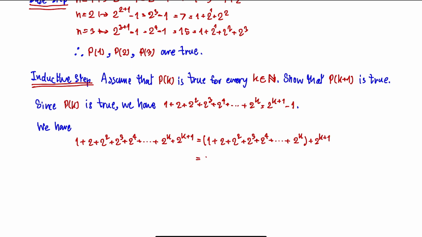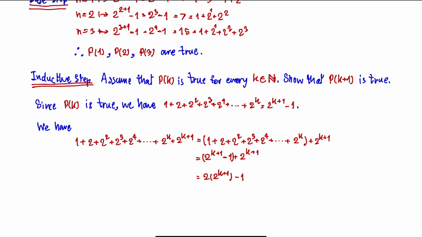It turns out to be 2 to the k plus 1 minus 1 plus 2 to the k plus 1 right there. So these are the same terms, right? So we have 2 times 2 to the k plus 1 minus 1.